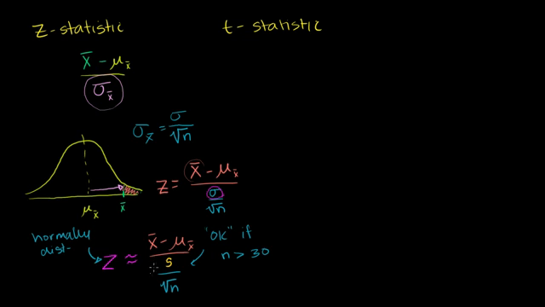Now, if your sample size is less than 30, especially a good bit less than 30, all of a sudden this expression will not be normally distributed. So let me rewrite the expression over here. Sample mean minus the mean of your sampling distribution of the sample mean, divided by your sample standard deviation over the square root of your sample size. We just said if this is at least 30, then this statistic is going to be normally distributed.